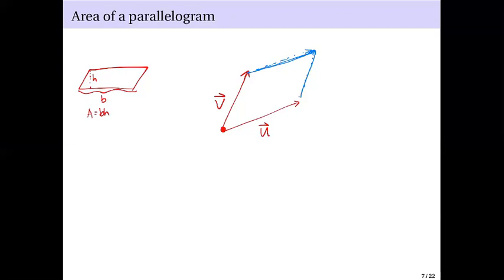The associated base will be this vector u. If you want to use your vector v as your base, then your height must be towards that direction. So this will be your height if you want to use this vector v as your base.